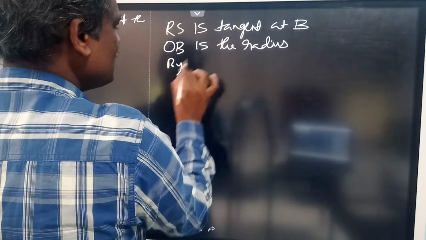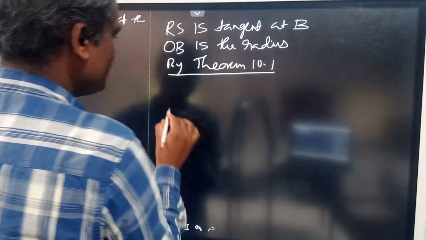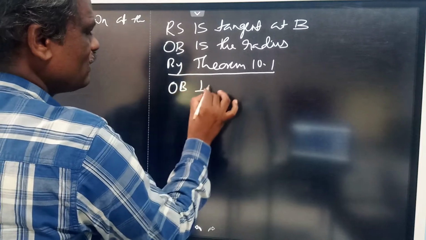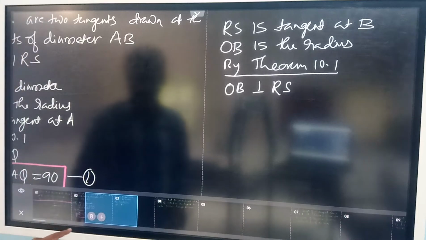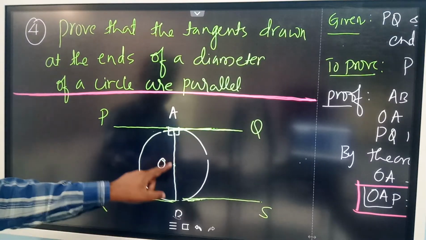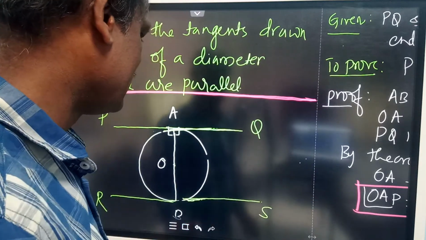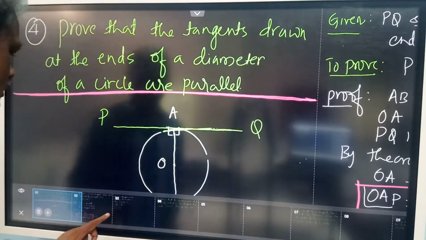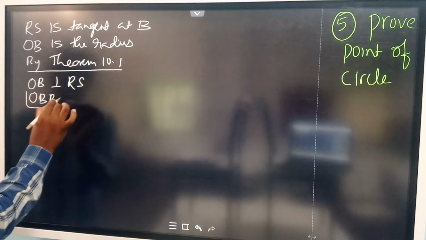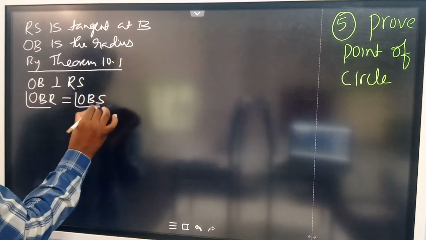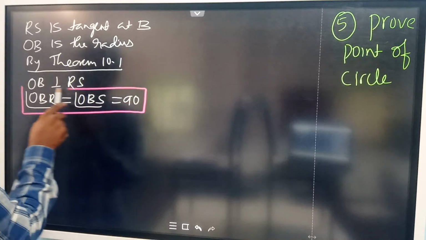So again by theorem 10.1, OB will be perpendicular to RS. OB is perpendicular to RS means angle OBR is equal to angle OBS, both are equal to 90 degree. So this is the second one.